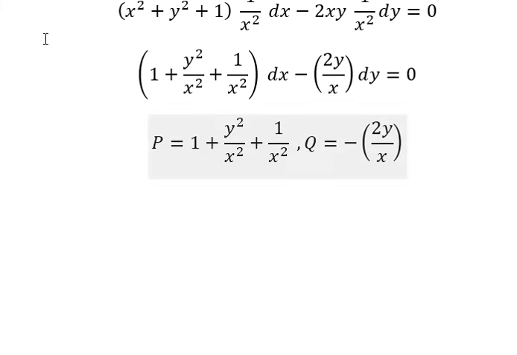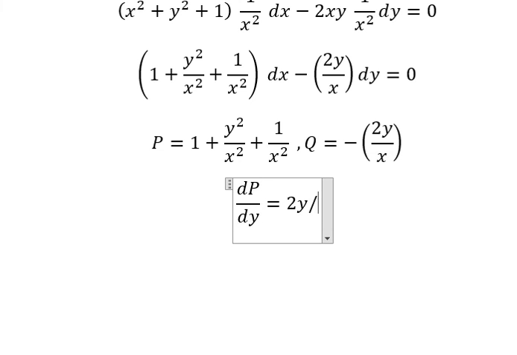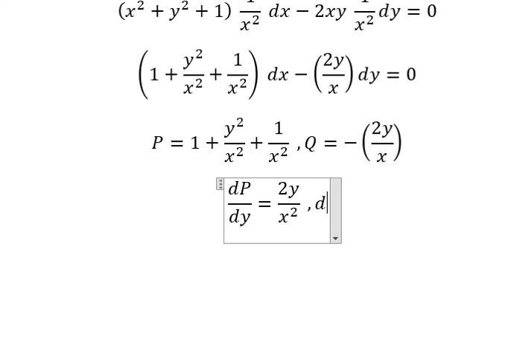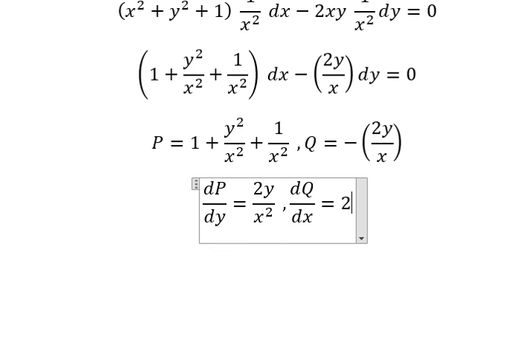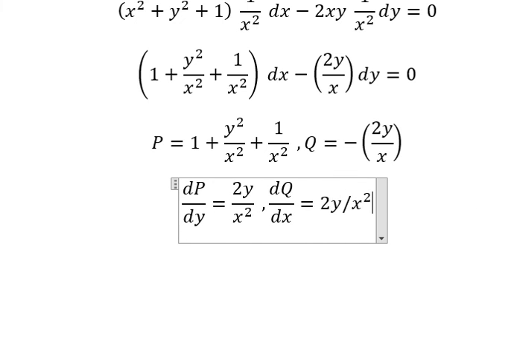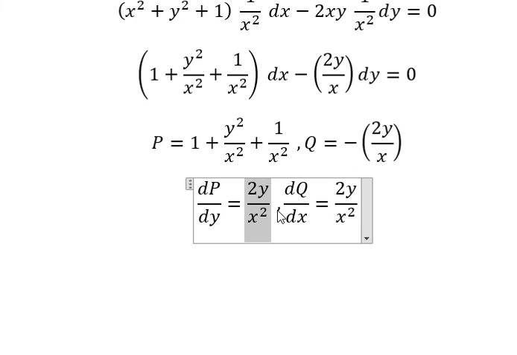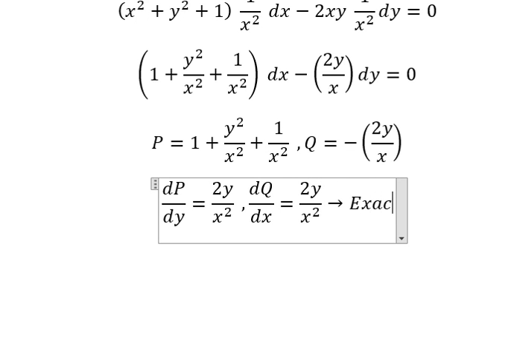Now we have dx, so we have first derivative of b with respect to y, so we have 2y over s squared. Similar for the next one, that's 4s, and we have 2y over s squared, and we see that this one is equal to this one, so that's exact.